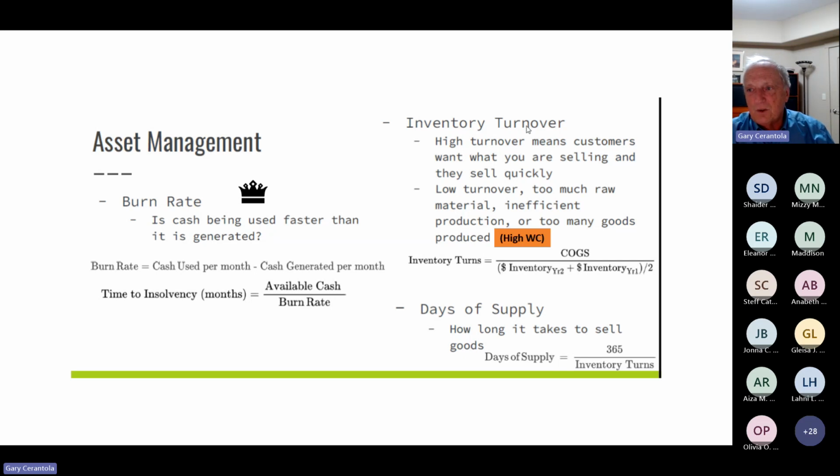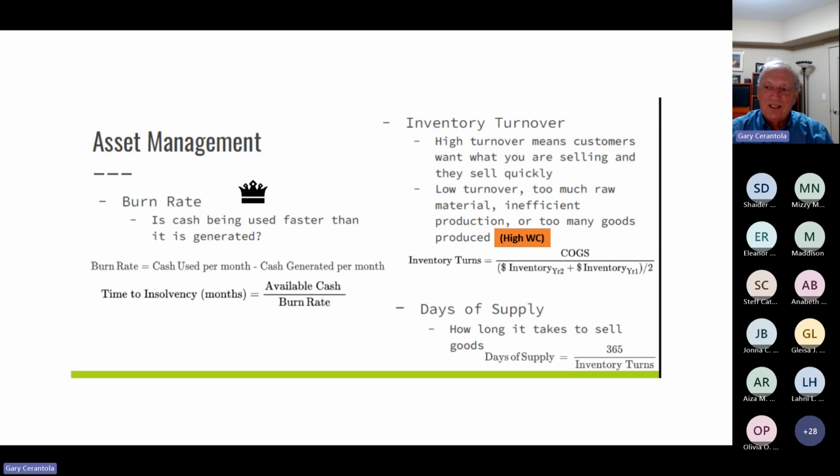Okay, we talked about inventory turnover a lot, or inventory itself. So the whole idea is that the faster you can turn over your inventory, the less working capital you have in the business, and the more profitable you are.